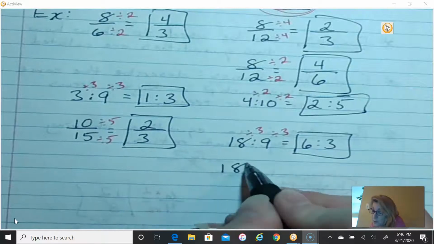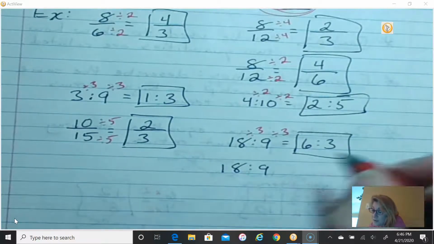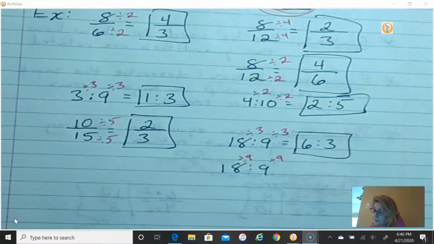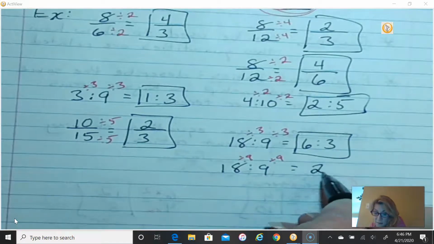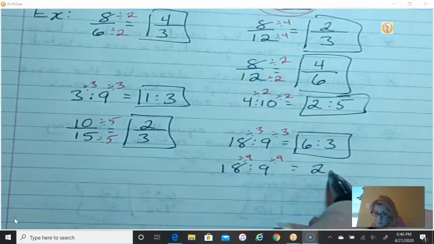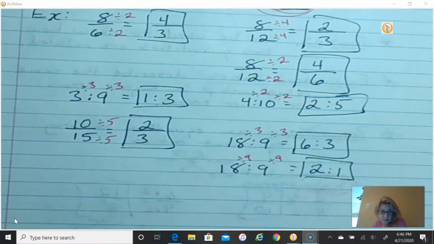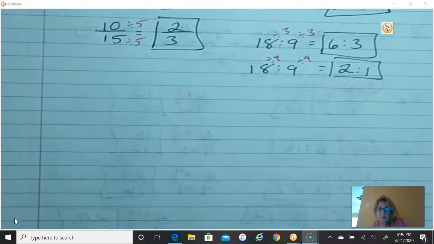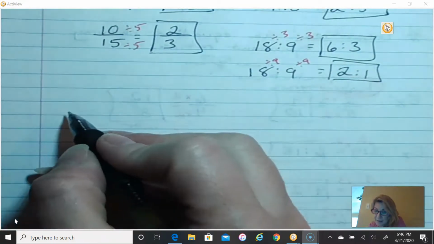If you feel more comfortable putting it in lowest terms, we would divide both numbers by 9. 18 divided by 9 is 2, and 9 divided by 9 is 1. Okay? Now, if that's confusing, go back and rewind and watch that again, okay?